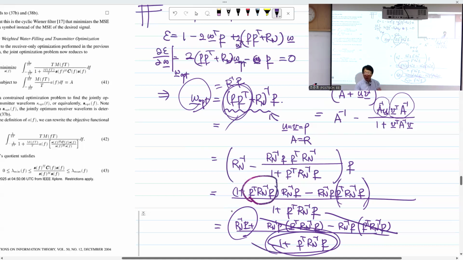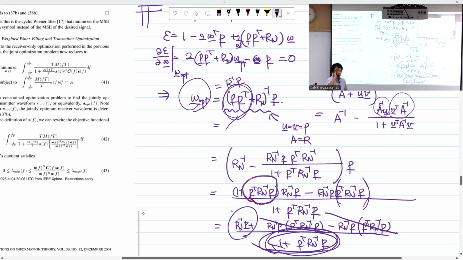So our optimal receive vector W opt can be written as received correlation matrix inverse times our desired signal vector P, or our unwanted signals correlation matrix inverse times desired signal, properly scaled by this denominator.